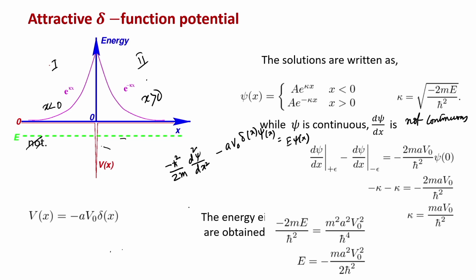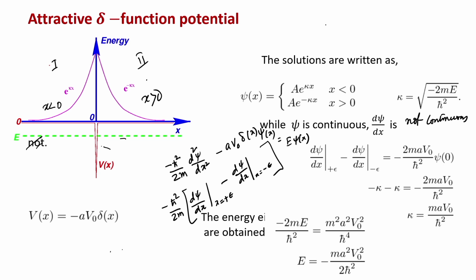And we integrate this equation, and that gives us minus h cross square over 2m times d psi dx evaluated at x equal to plus epsilon minus d psi dx evaluated at x equal to minus epsilon, and this is what is written there.